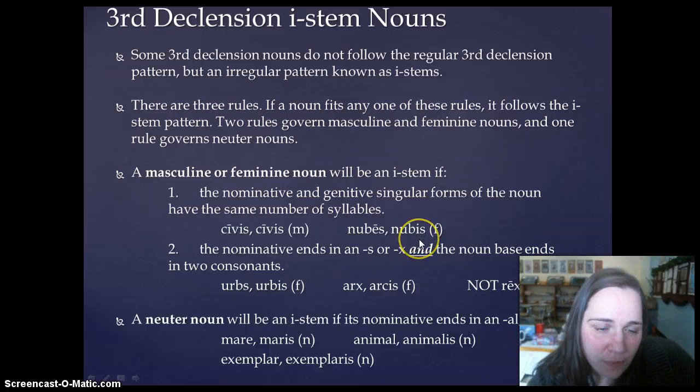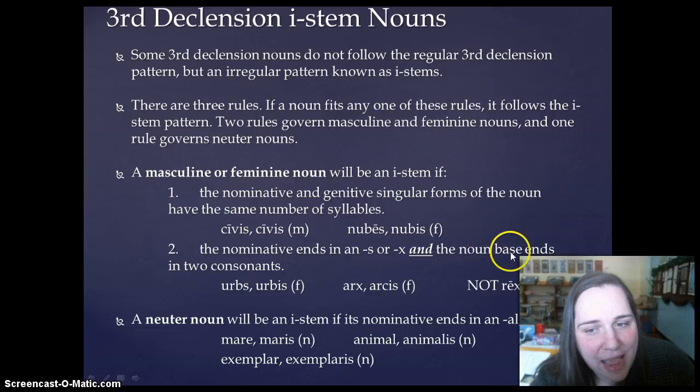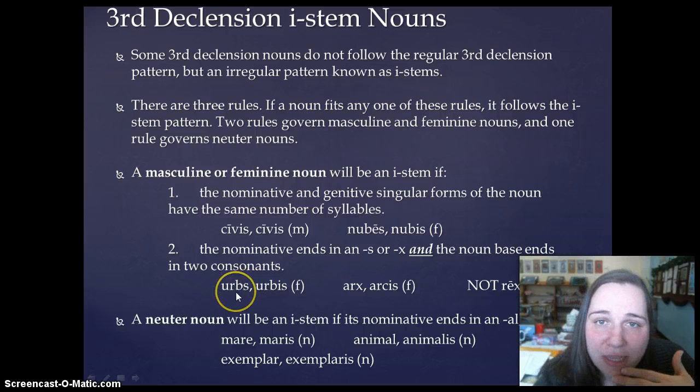The second rule is if a masculine or feminine noun fits the following rule. The nominative ends in an S or an X, and the noun base ends in two consonants. Again, this is something you can learn from the dictionary entry. Let's look at this first example. Urbs, urbis is feminine.